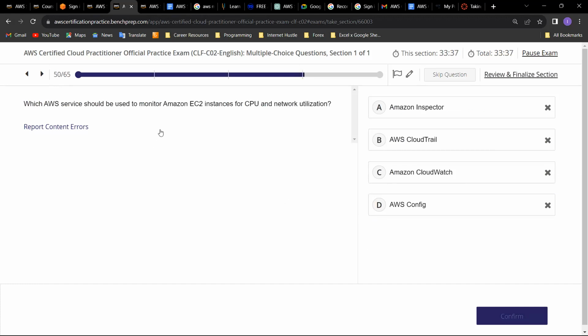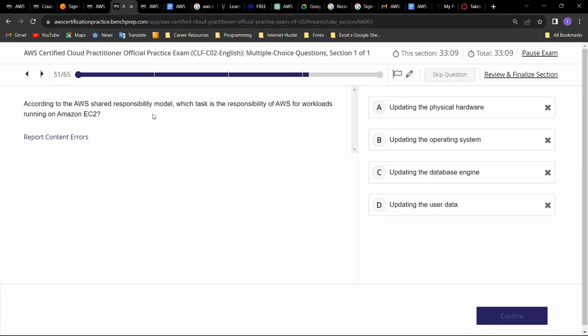Which AWS service should be used to monitor Amazon EC2 instances for CPU and network utilization? All right, C. According to the AWS shared responsibility model, which task is the responsibility of AWS for workloads running on Amazon EC2?